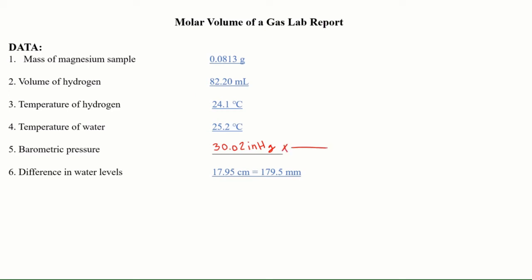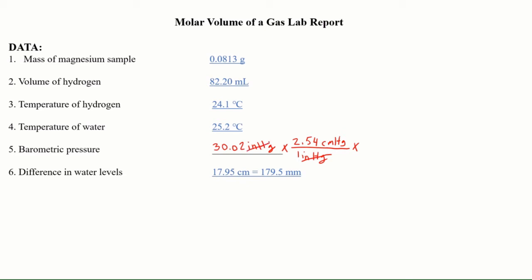We know that 1 inch will equal exactly 2.54 centimeters, and that will be centimeters of mercury. The inches here will cancel.